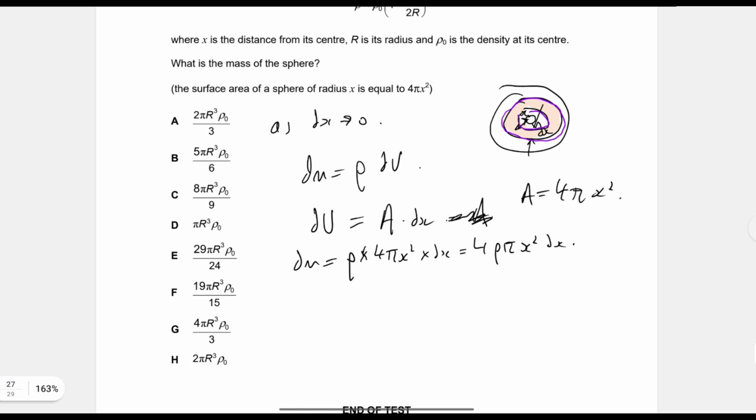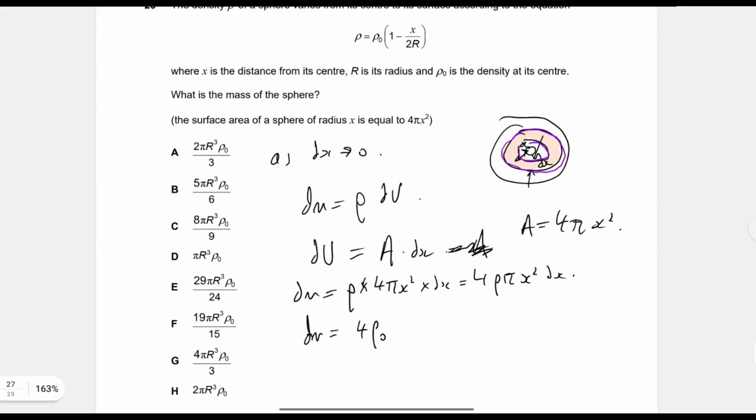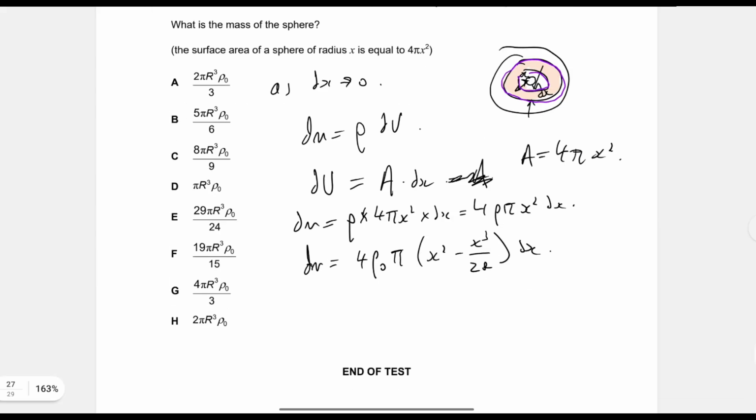So dm is going to be 4 rho naught pi times x squared minus x cubed over 2r, dx.